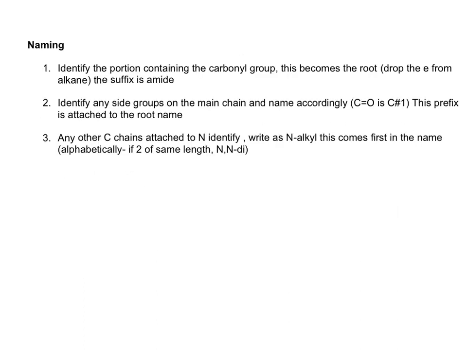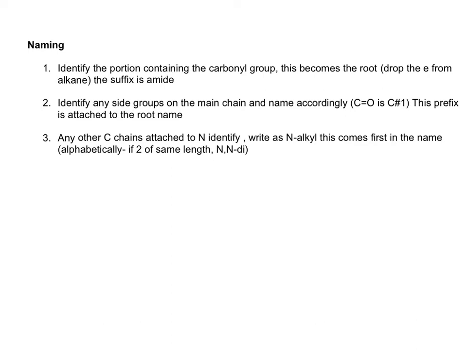Okay, naming amides. So identify the portion that contains the carbonyl group, and that's going to become the root of your name. You're going to drop the E from the length of it as an alkane and add the word amide.